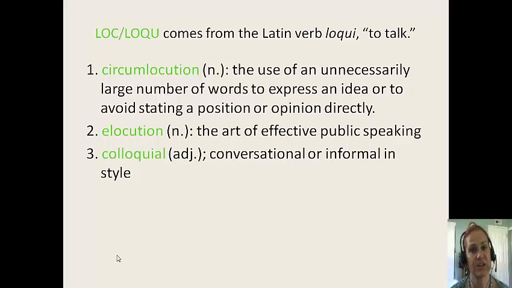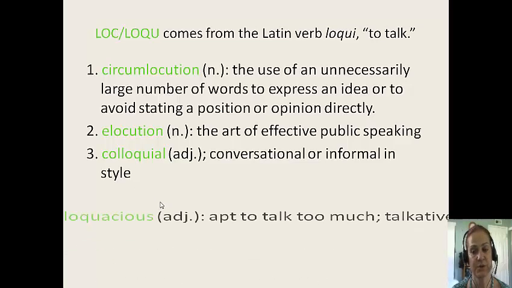That's colloquial language. If you write a friendly letter, a friendly email, that's colloquial language. Now when you write an academic paper for school or you write a letter of request to the school board, you do not use colloquial language. You'd use more of a formal language in that situation. So colloquial is everyday language.